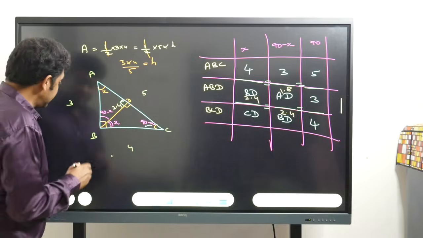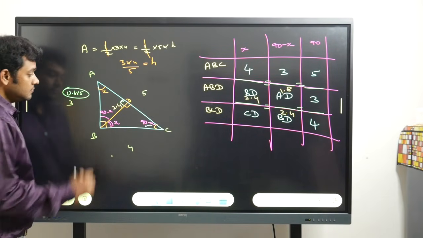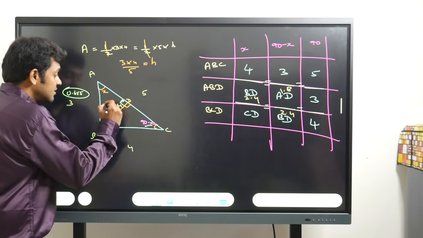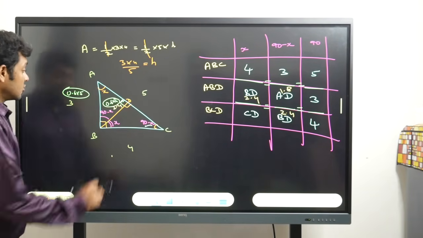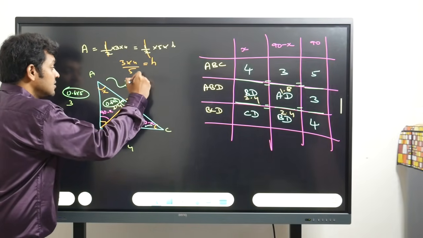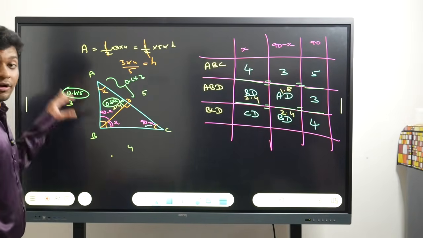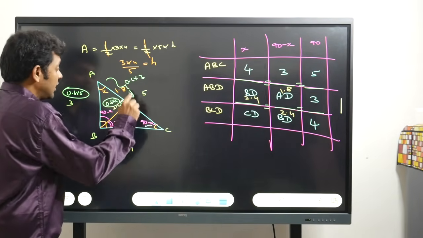So knock off 0.6. This is 0.6 times 5. Am I right? This is 0.6 times 4. Right? So if this is 0.6 into 4 and 0.6 into 5, this should be 0.6 into 3, because 3k, 4k, 5k. So what is 0.6 into 3? 1.8. That's where we got 1.8.